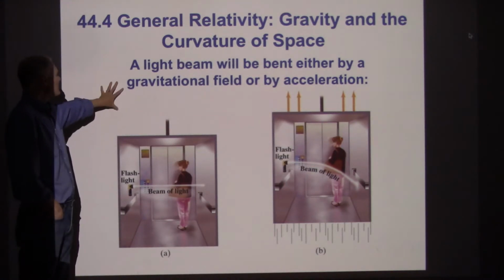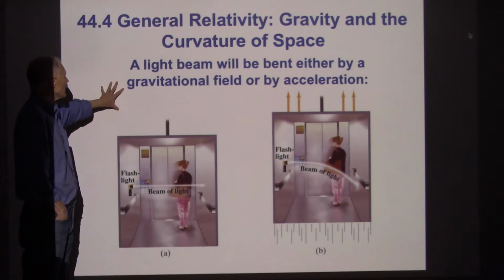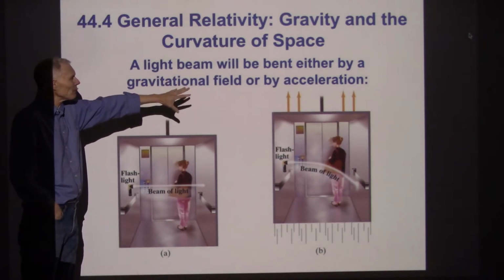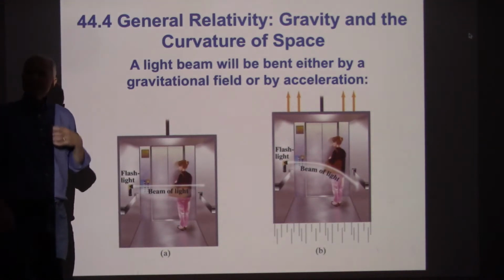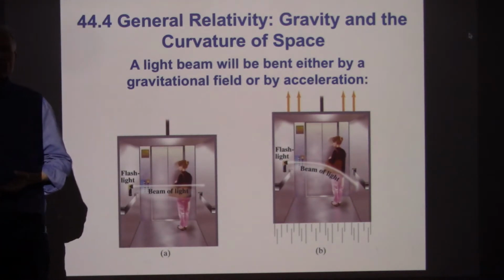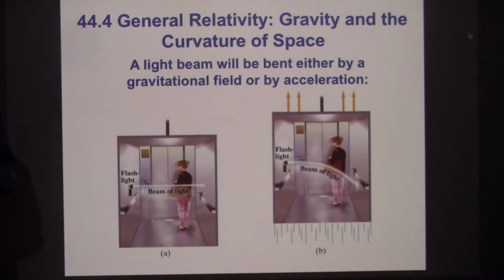Einstein said that gravitational effects can be replicated with acceleration and vice versa. Now we saw this way back in Physics 3A, that gravitational fields, for example, have the very same units as an acceleration.